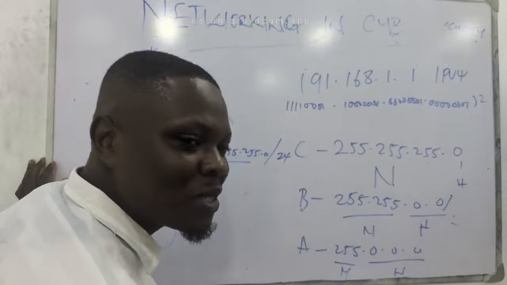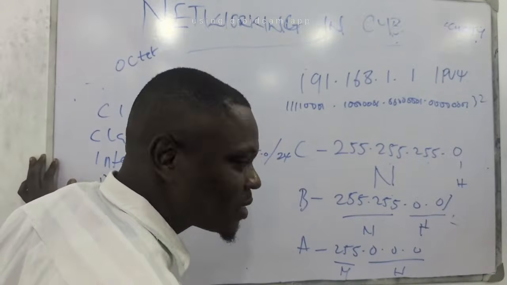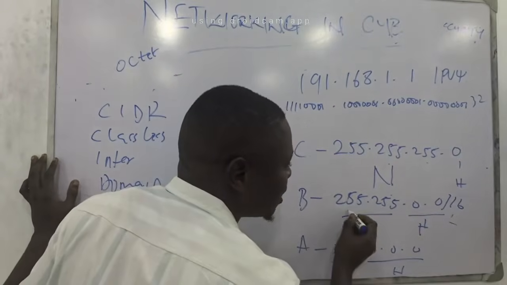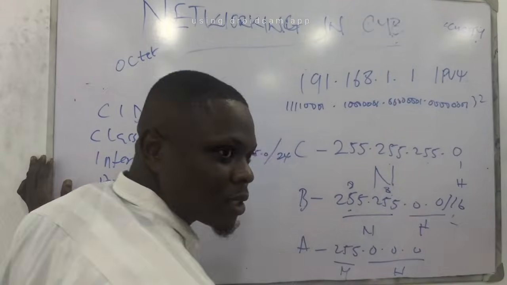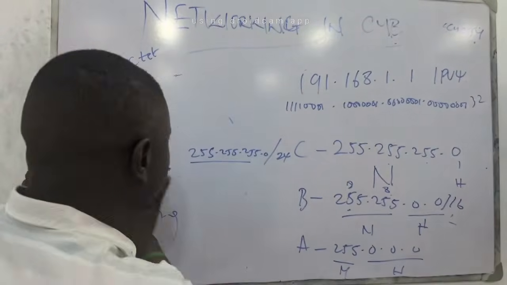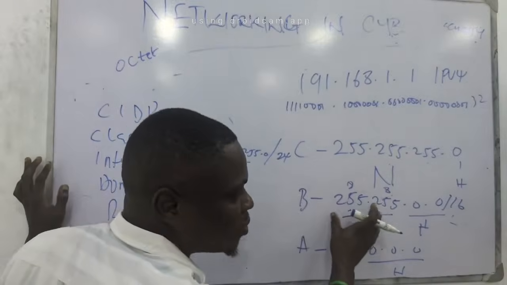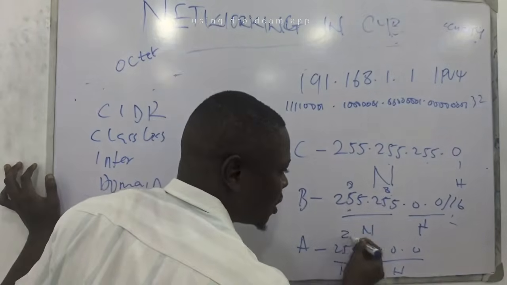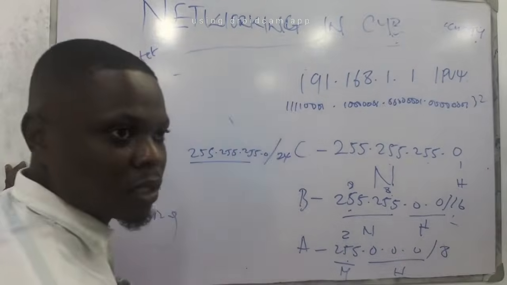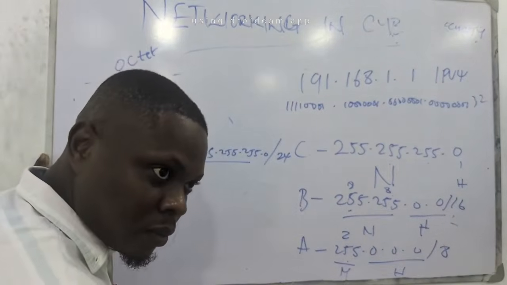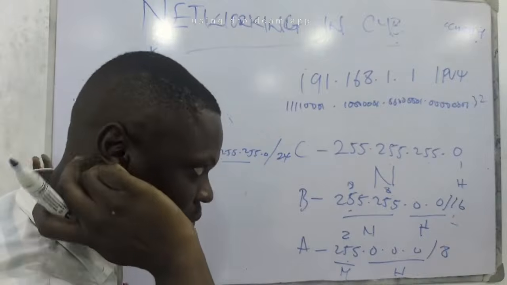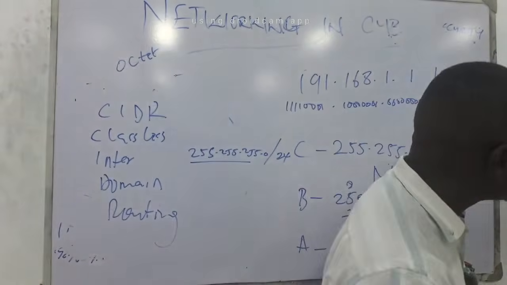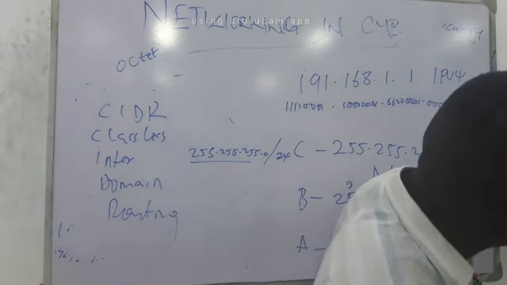Calculate it down. Let's do the math. 16. Because this is 8 bits, this is 8 bits. So this tells you the total number of bits here. That, okay, this is 16. Then this will be 8, so this is /8. Altogether? All right.